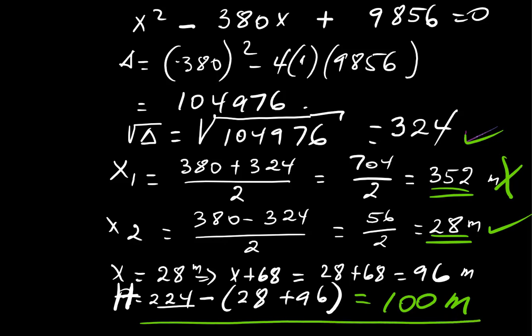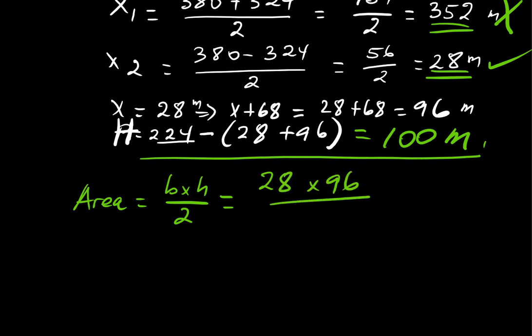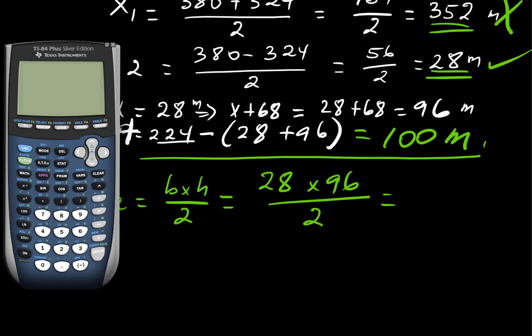That's all we needed. Now there is one question regarding area. It is the base times the height over 2, which is equal to 28 times 96 over 2, let's bring up our calculator.